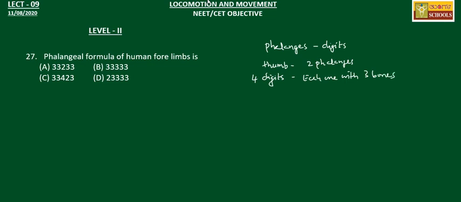So the first option is not right, because the first one we need to take is the thumb and then the remaining 4 digits. So option D fits. The thumb has two phalanges, and the index finger, middle finger, ring finger, and little finger each have 3 bones. So option D will be the right option.